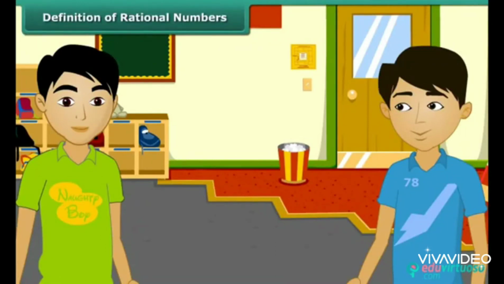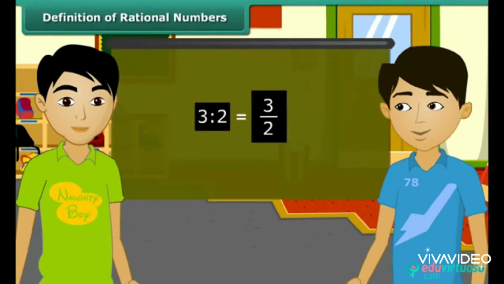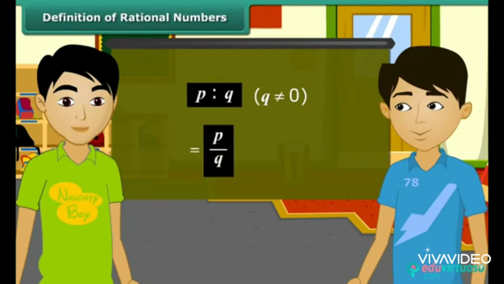The rational number is defined from the word ratio, meaning 3:2, or we can also write it as 3 by 2, because it is in the form p ratio q, where q is not equal to 0, or we can write p upon q.